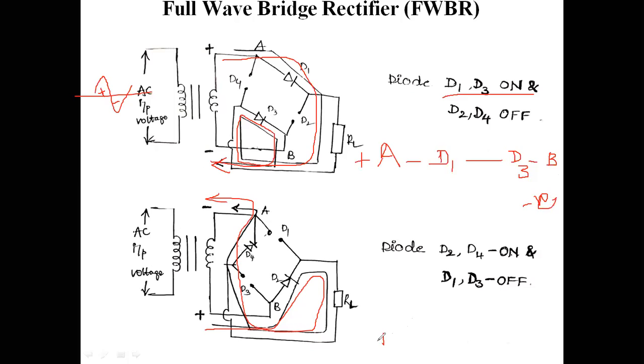Similarly here, from positive to terminal B, then diode D2, and again it is transmitted across diode D4 to point A, and finally towards the negative terminal.